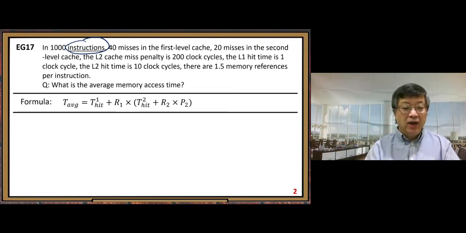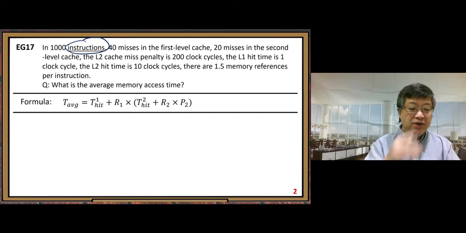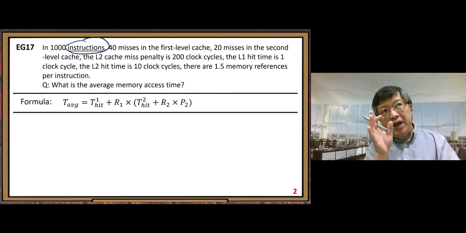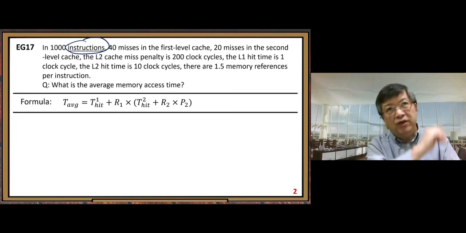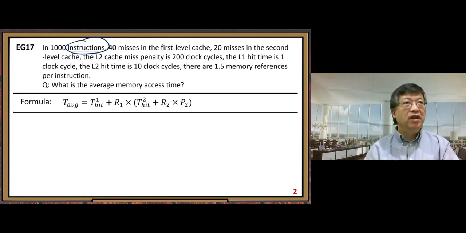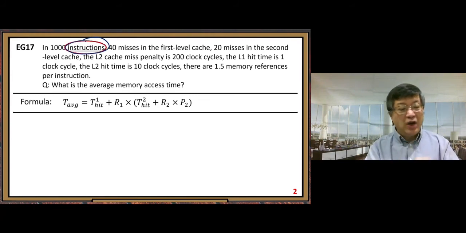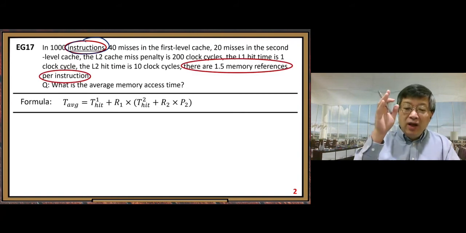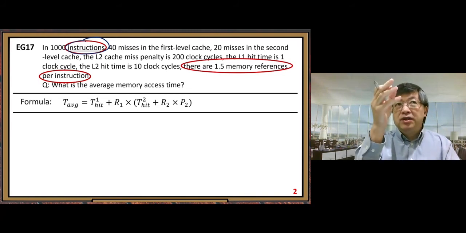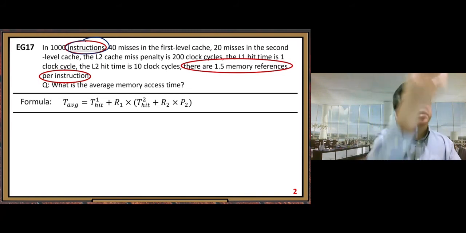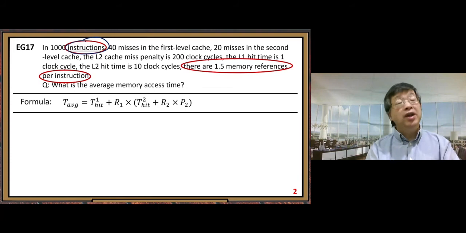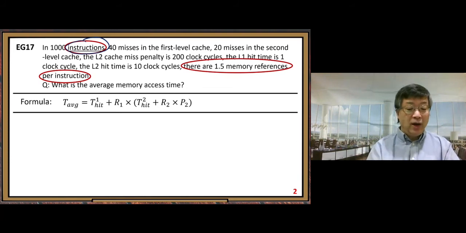We need this information to calculate the number of memory references. All right, so here we use the same formula, but when we do the calculation, we should be careful. That's the only thing I'd like to emphasize in this example. The instructions need to be converted to memory references, and the 1.5 memory references per instruction gives us the conversion.